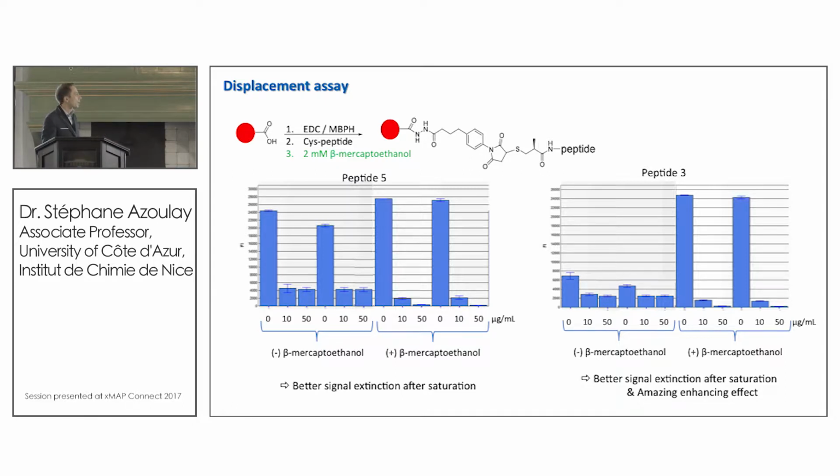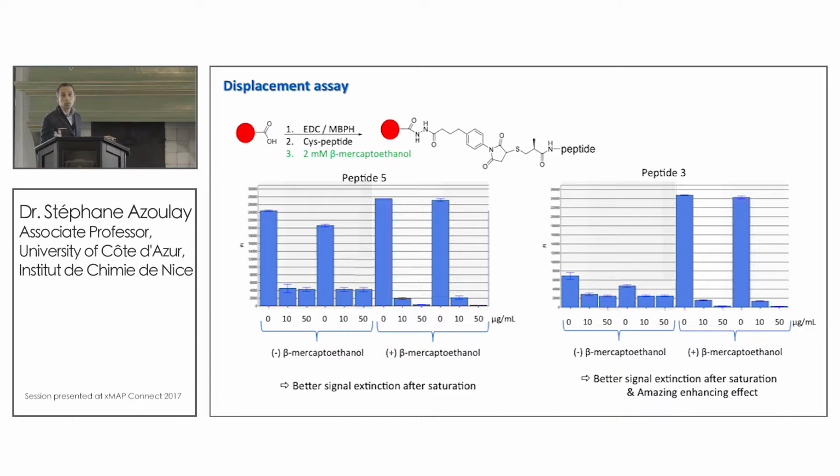As you can see on this slide, when we do this procedure, for the same coupling ratio between the bead, you have a strong decrease. Now you can nearly eliminate all the fluorescence signal. And what was quite amazing at first is that for the other peptide, you also have an increase of the fluorescence intensity when you don't add peptide.